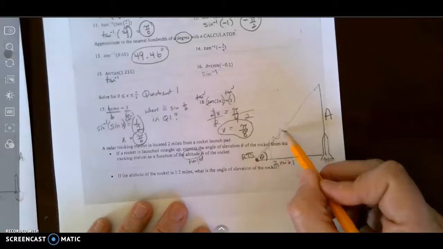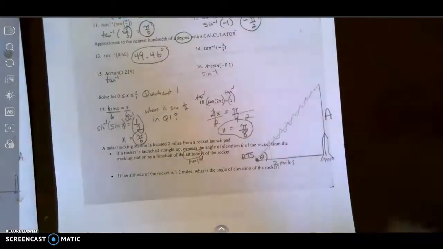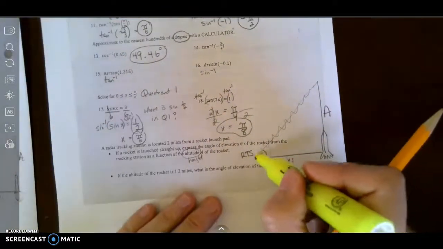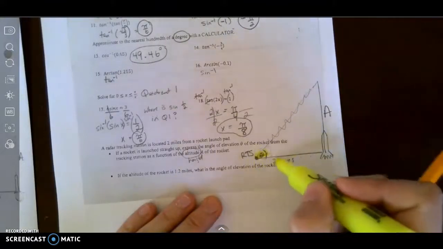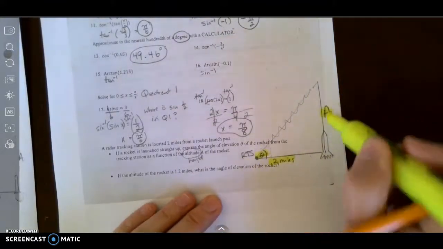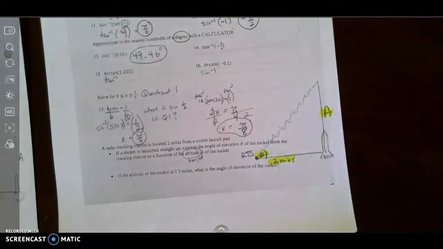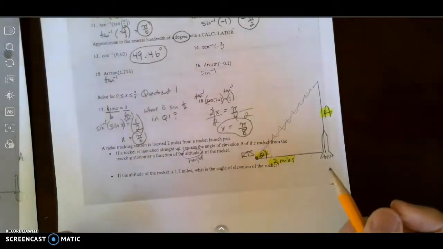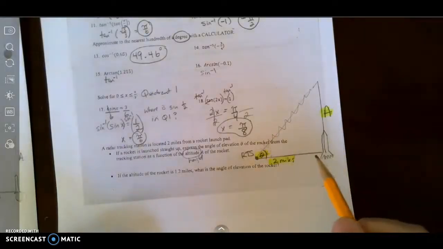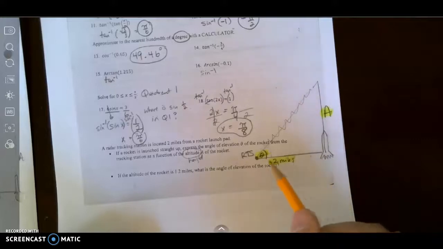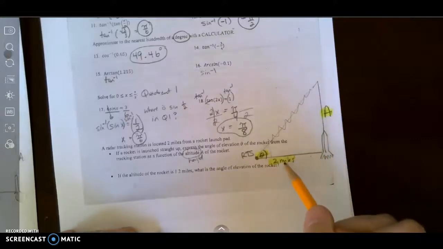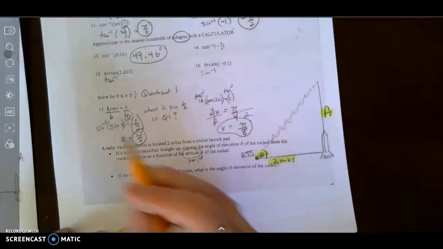Let me see. This would be my hypotenuse. And I have the angle. I have 2 miles and the A. Is this a sine, which is opposite over hypotenuse, a cosine, adjacent over hypotenuse, or tangent, opposite over adjacent relationship? This is opposite and adjacent, so this is a tangent relationship.